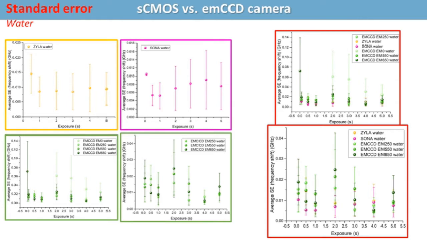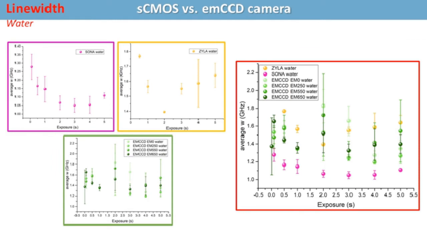The same in terms of standard error on the frequency shift that we measure. So this is looking at the repeatability, if you like, of the measurements. Again, you have best performance from the Sona camera compared to the others, and more interesting for us is also the line width retrieval, and again, Sona seems to get better.